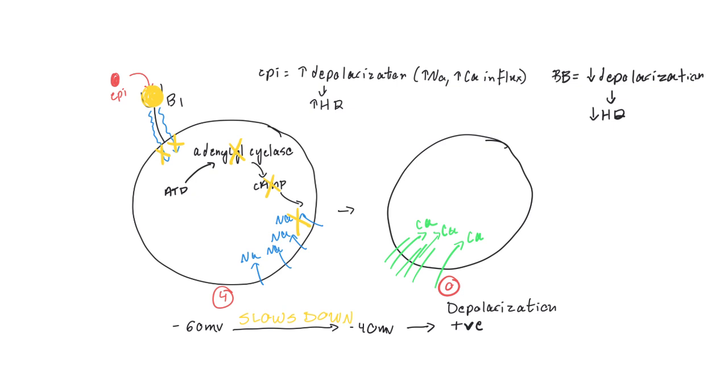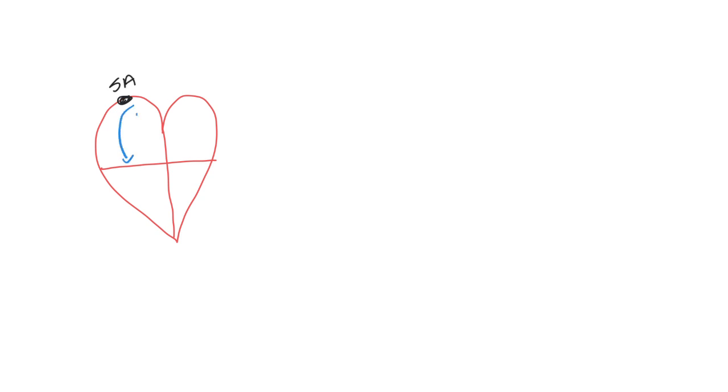And finally, let's get into a clinical situation where we might actually use these meds. So I'm going to draw out a heart, and I'm going to draw out how electricity normally moves through the heart. So this is the average heart. The electrical impulse starts at the SA node. The atria are depolarized.